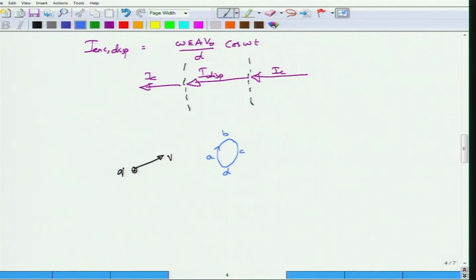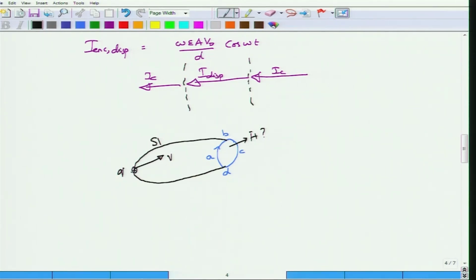For this loop, will there be a magnetic field? Well, there will be a magnetic field provided I take a surface which would go through this point, right. So at this particular time, I have to consider a surface S1, which would just connect to the charge, and this surface has to change as the charge moves along this particular direction.